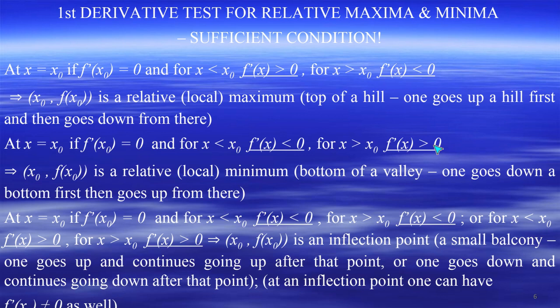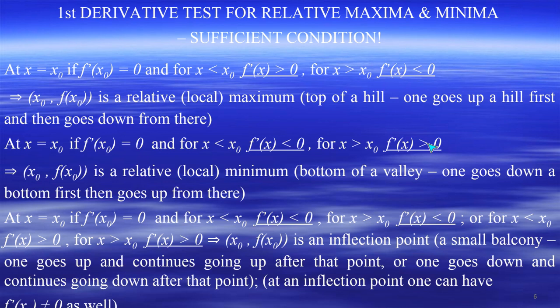At the very point, it's a kind of flat. We just stay there. The tangent line is parallel to the x-axis, horizontal. So we first go down and go up afterwards. The first derivative is negative before the point x0, and after the point x0, it becomes positive. So we first go down and then go up.